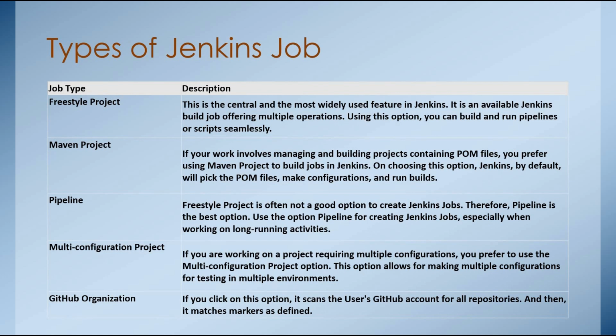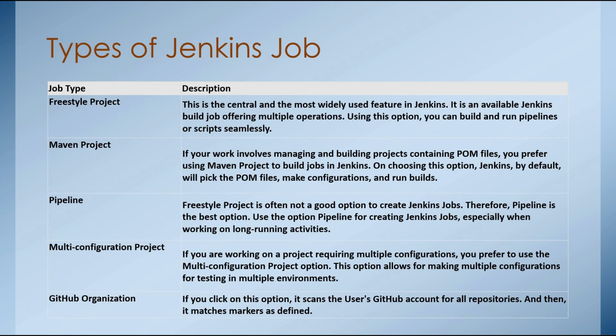Okay guys, what is the last type of Jenkins job? The GitHub organization job. What will you do in this? If you click on this option, it scans the user's GitHub account for all repositories and then matches markers as defined. Suppose I'm a user and I create this GitHub organization job.